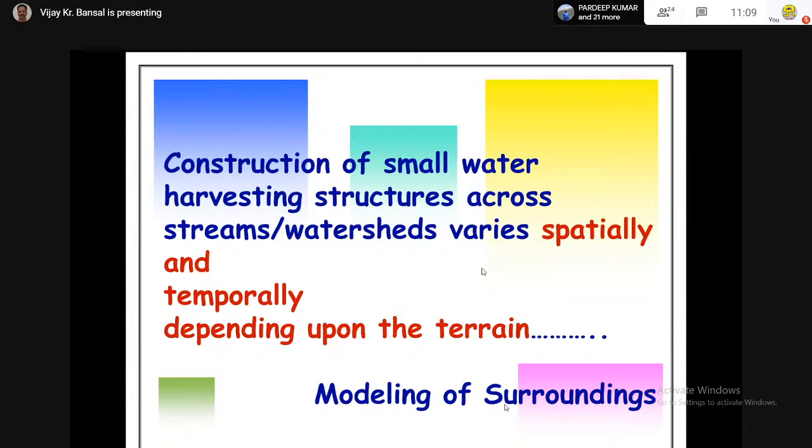After that, building life cycle must consider the way by which surrounding influences the life cycle of a building, as well as how a building is influenced by its surrounding.